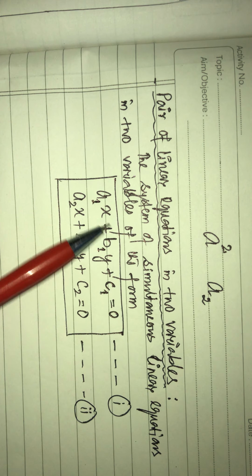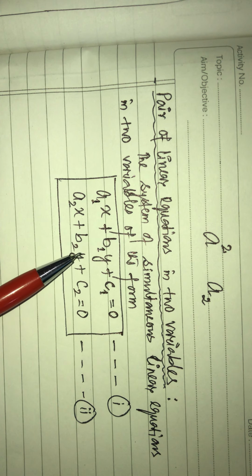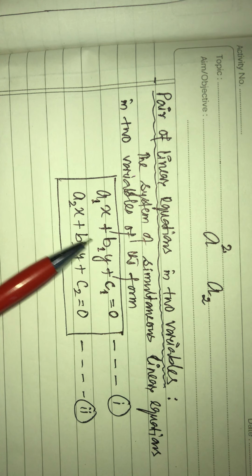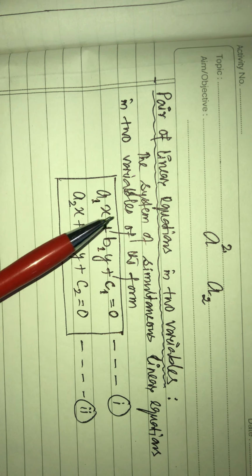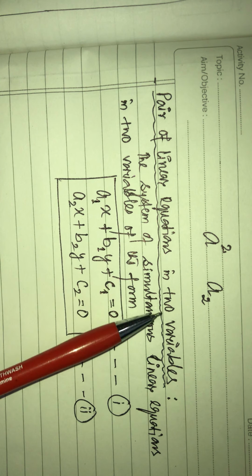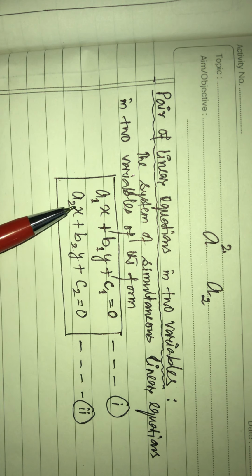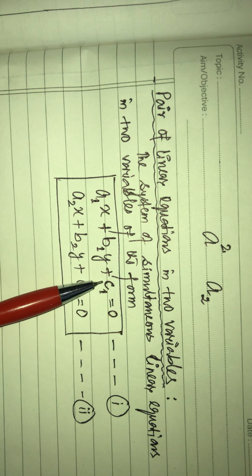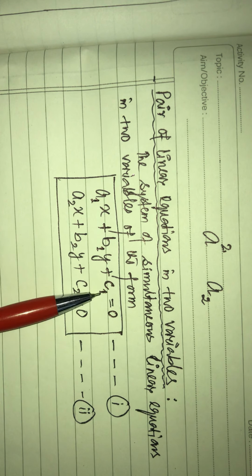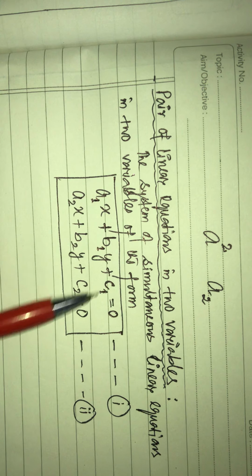So these are linear equations in two variables, and since I kept 2 at a time, such equations we call a pair of linear equations in two variables. These 1 and 2 are the order. This is the first linear equation, that's why I kept 1 there, and the second linear equation needs 2 there. So this is the general form.